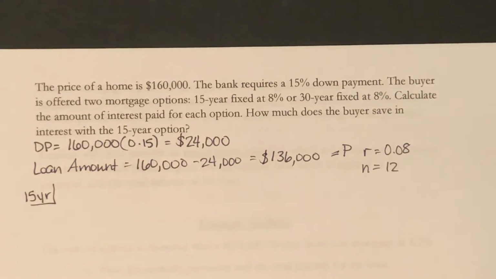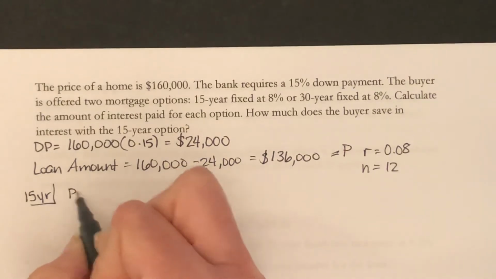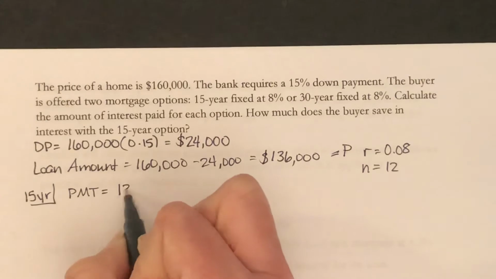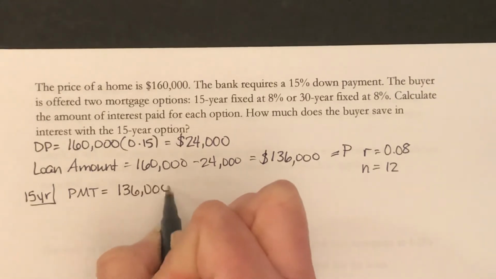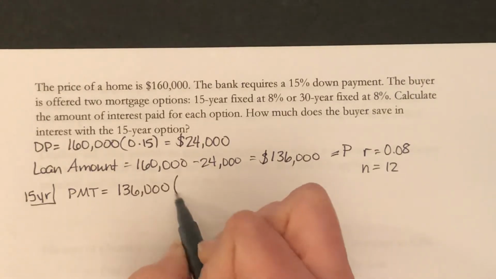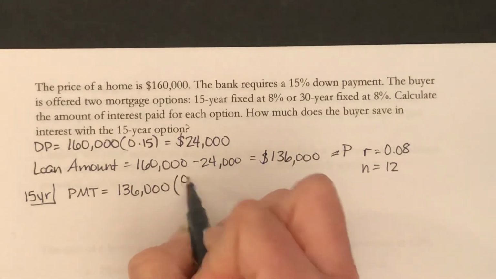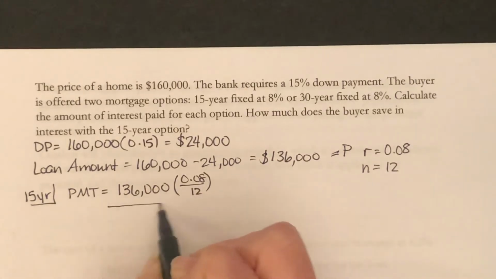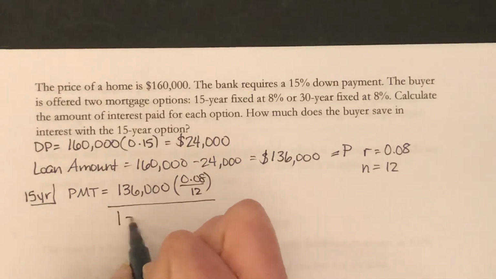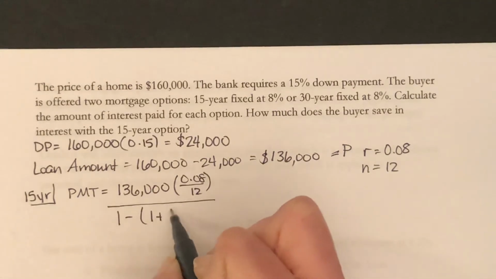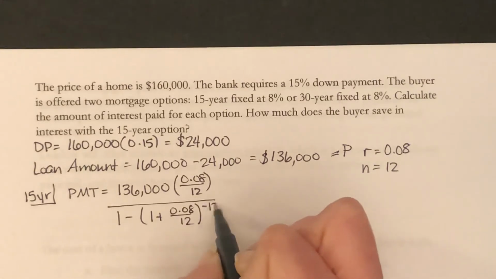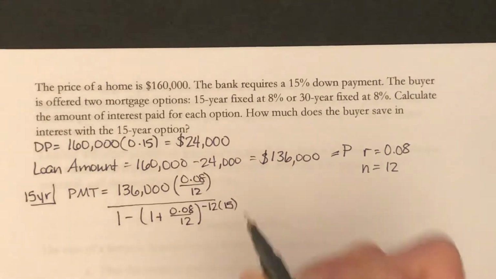Okay, then I need to figure out the payments, which is going to be $136,000 times 0.08 over 12 over 1 minus 1 plus 0.08 over 12 to the negative 12 times 15.